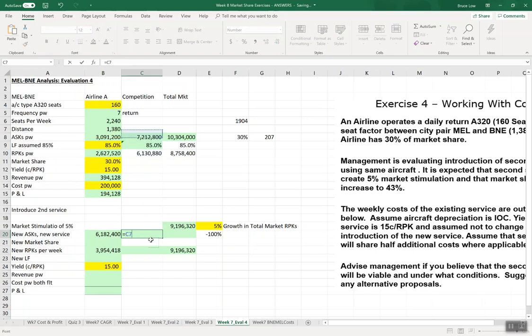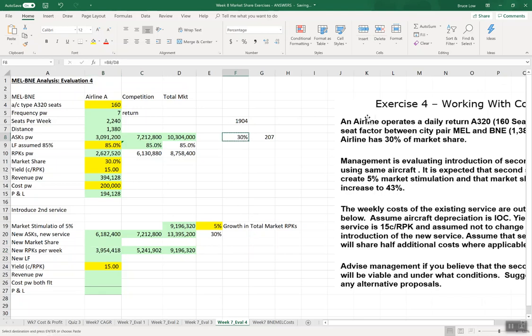We'll assume that the competition stays the same. So our new total market ASKs is up 30%. So we're doubling ours and the competition is staying the same. So market ASKs is up 30% and our RPKs is up only 5%. So competitor RPKs is just the new market RPKs minus ours, and we're at 43% now.